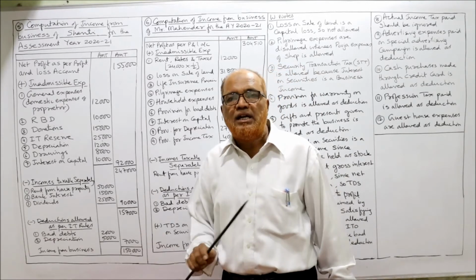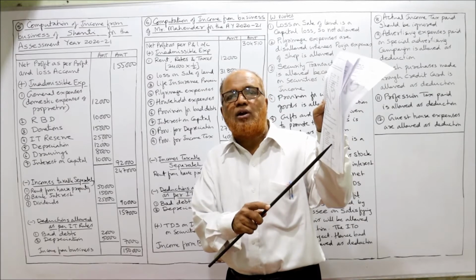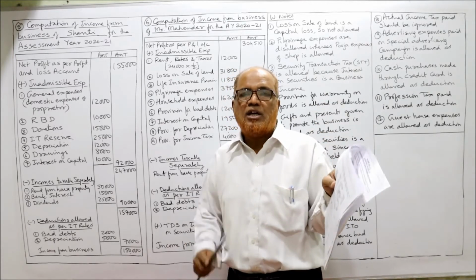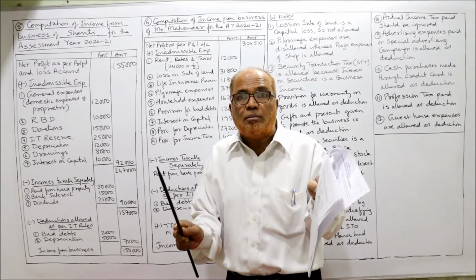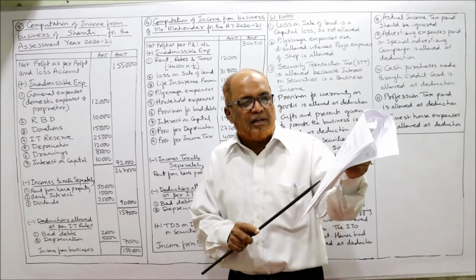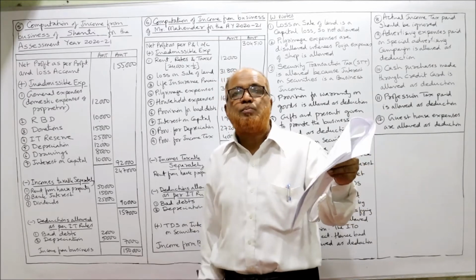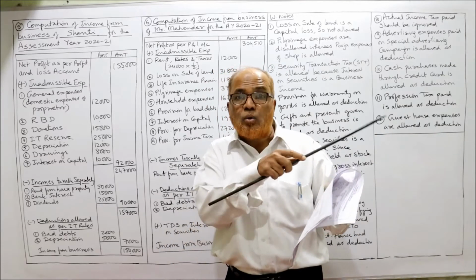From this we deduct those incomes which are credited in profit and loss account, but those incomes are not business incomes. It may be other income which is taxable under other heads, but it is not business income. We deduct. Credit side, by gross profit, it's a business income. Rent from house property is taxable under income from house property.